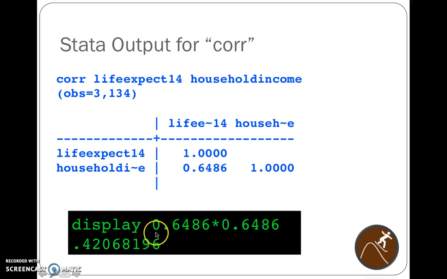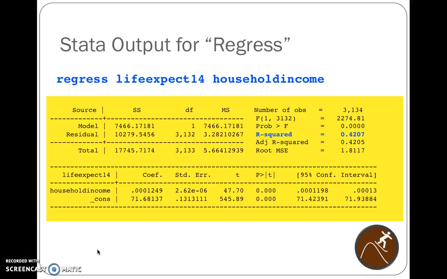If we were to actually do the calculation, in Stata you can type in display and then 0.6486 times 0.6486, and it gives us 0.42068. You see that? It rounds right there. So that's where that R square comes from. It really relates a lot to that Pearson correlation.